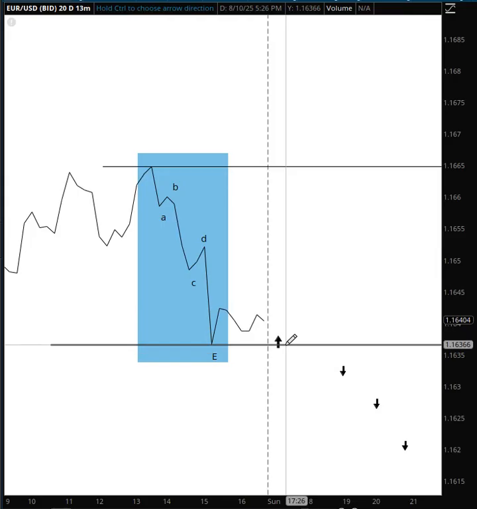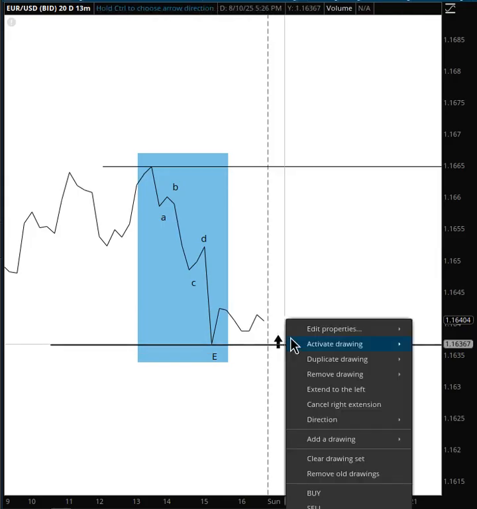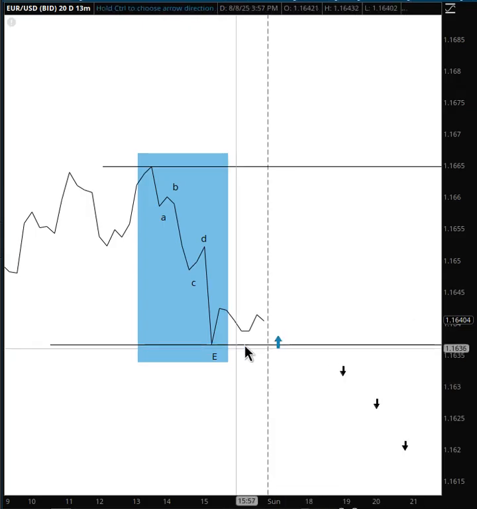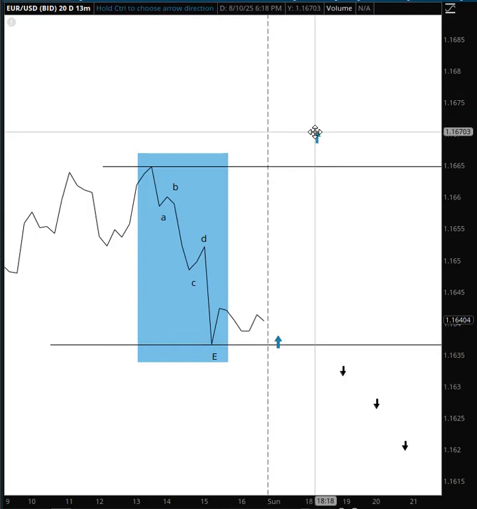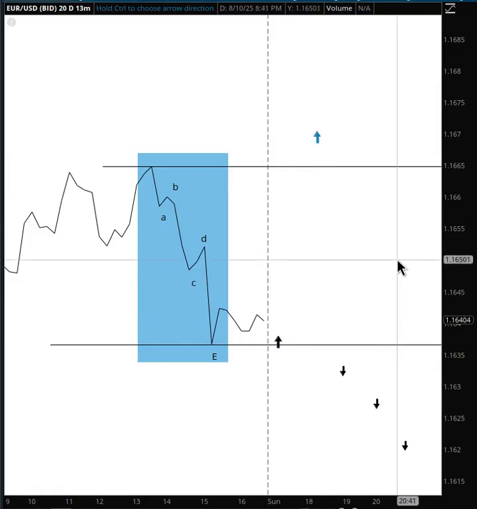Okay, and if we follow that fractal, ideally, if we go above the top of the fractal there, it's going to go up higher.